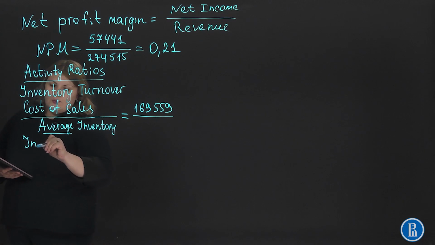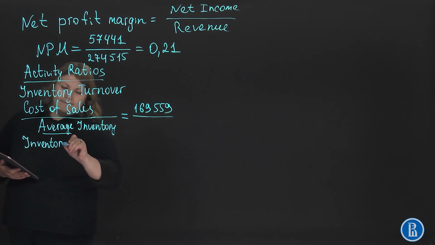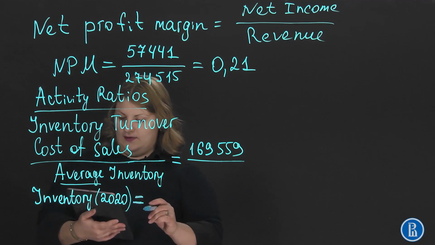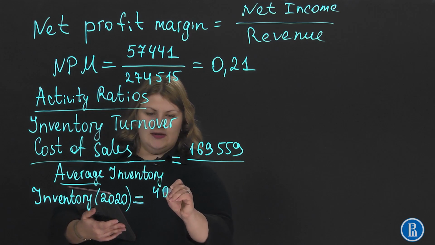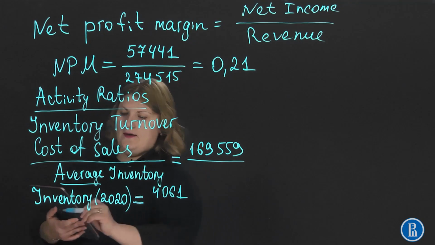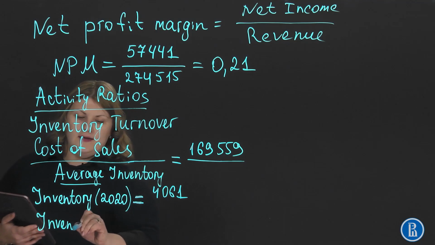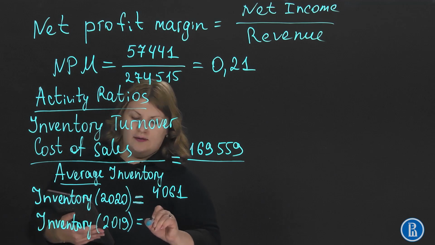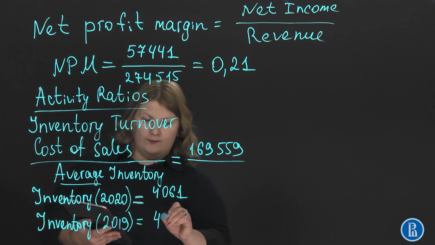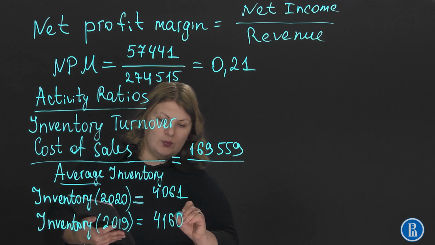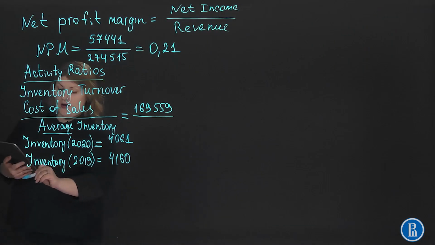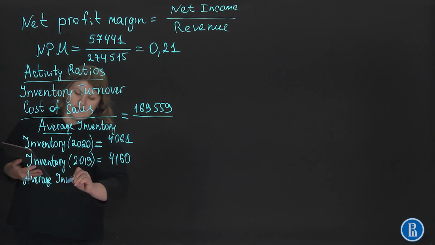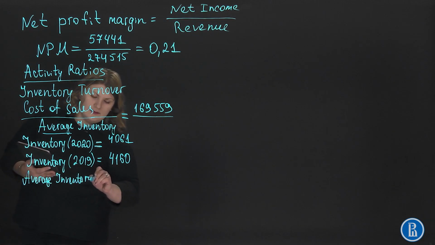Inventory for 2020 for Apple company is 4,461, whereas the inventory for 2019 you can find equal to 4,160.